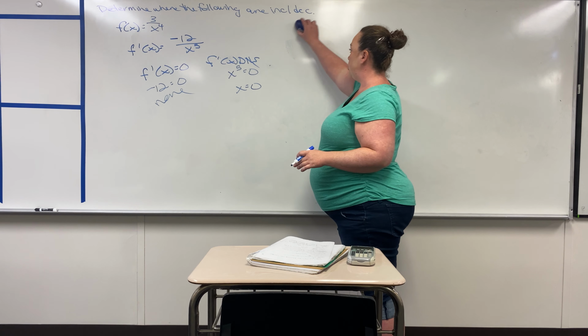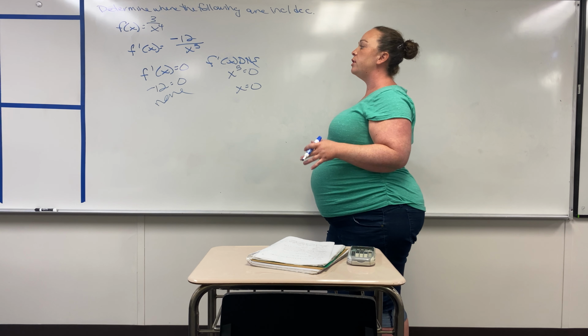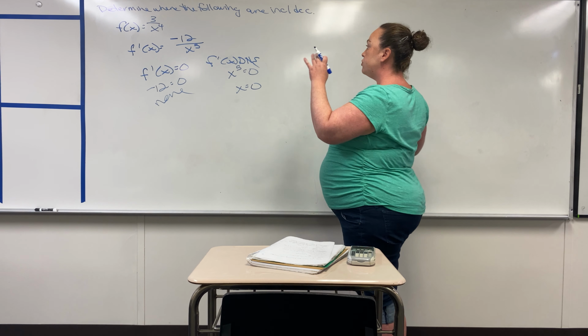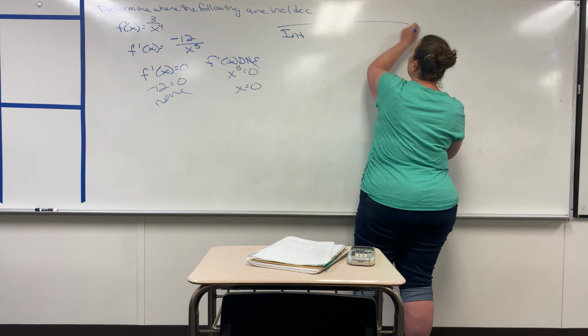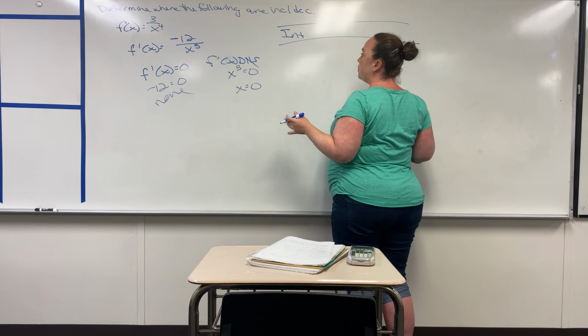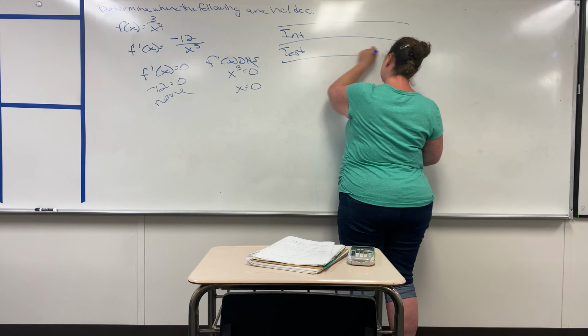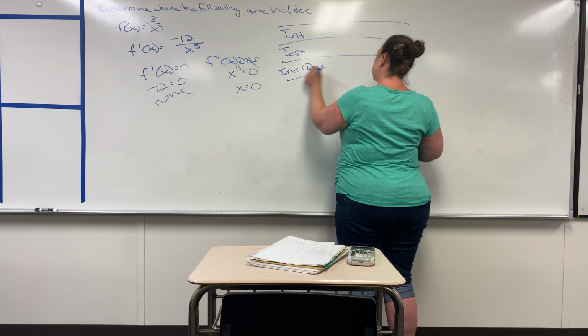And this is important, you will always have one more interval than you have critical points. So you have one critical point, which means you're going to have 2 intervals. So what you do is you make something called a sign chart. Sign chart will always have 3 parts. You have the interval, you test it, and it will tell you if the function is increasing or decreasing.